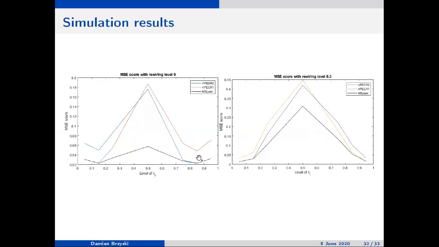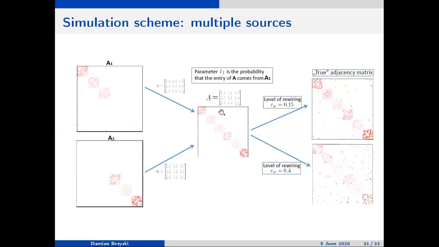But what is really important is the situation in the middle. Here our method just crushes other approaches, and it's much better, because what happens in the middle is that you have something which is similar to this plot.